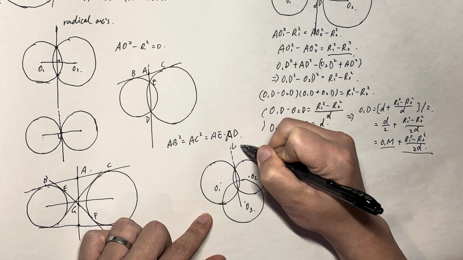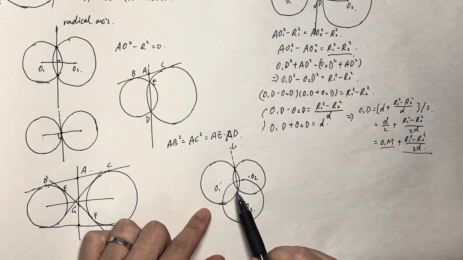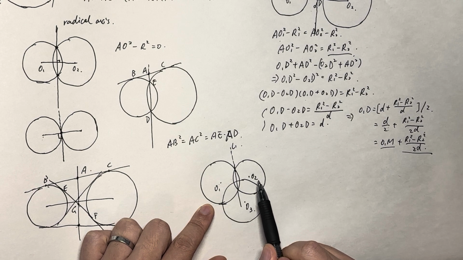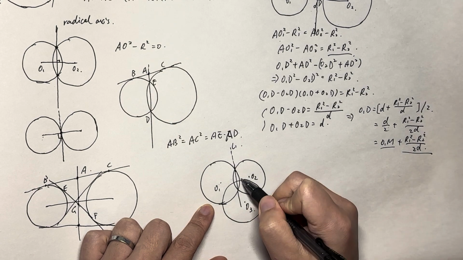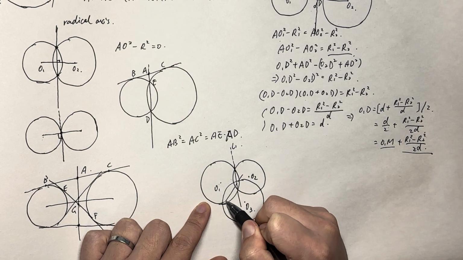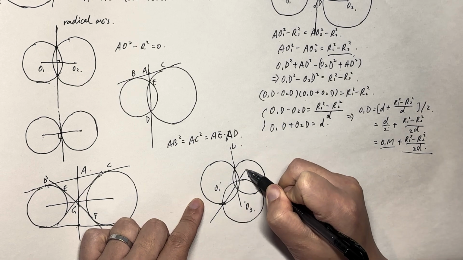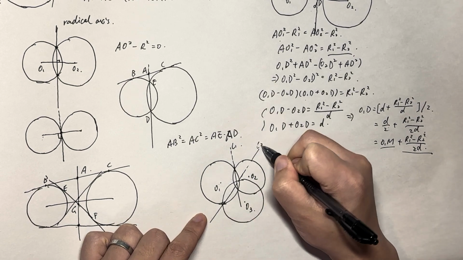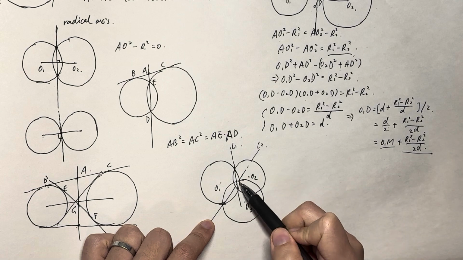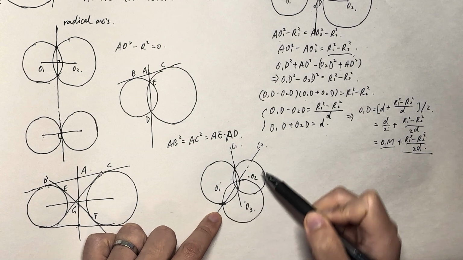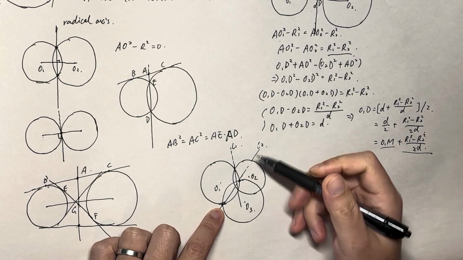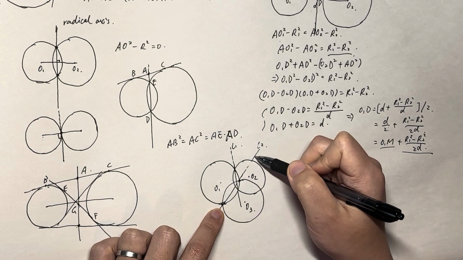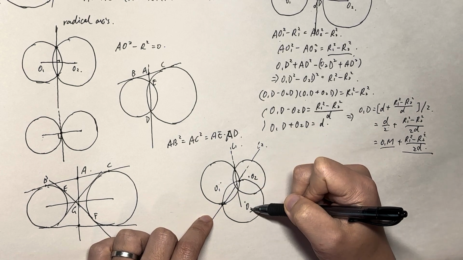Let's call it L1. L1 is the radical axis of circles O1 and O2. And we know that this line, L2, through this point and this point, right? L2 is the radical axis for O1 and O3.